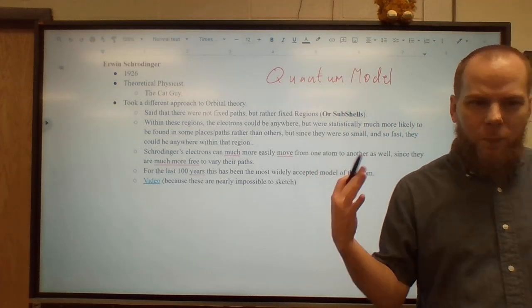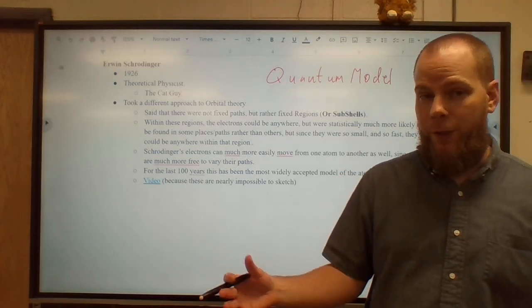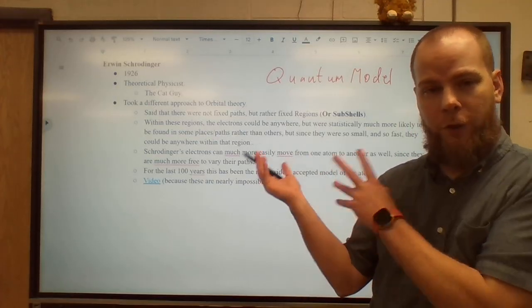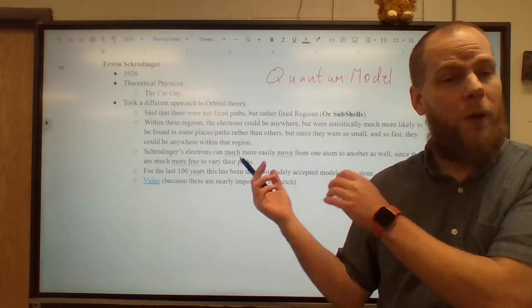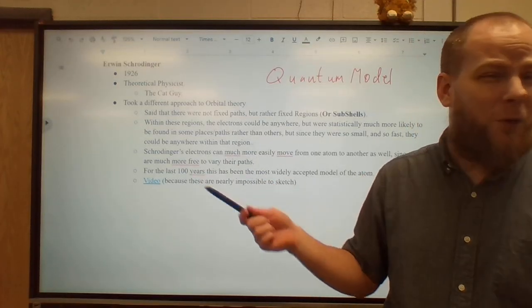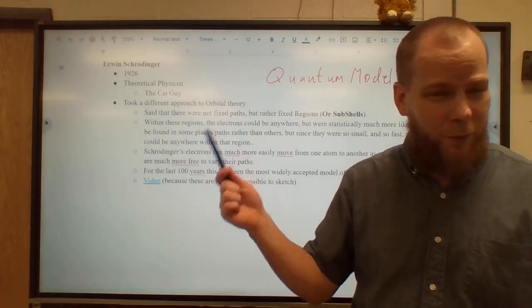Okay, now his model was based again in theory. There is not really any evidence for this other than the fact that Schrodinger's equations work, whereas Bohr's equations don't. Which is pretty hard proof when it comes to stuff that you can't see.